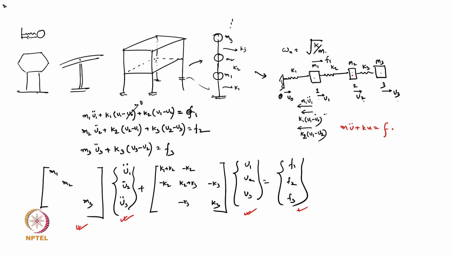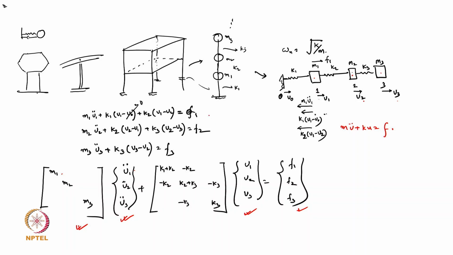So wherever we have mass, we give a degree of freedom, and we put the corresponding masses at the corresponding degrees of freedom. So it is very easy to make the mass matrix. But the stiffness matrix is not that easy to make.